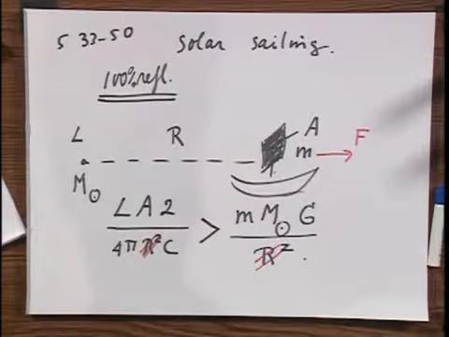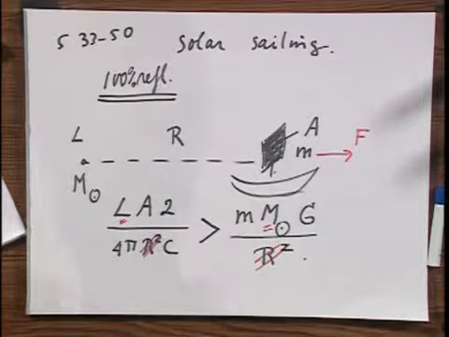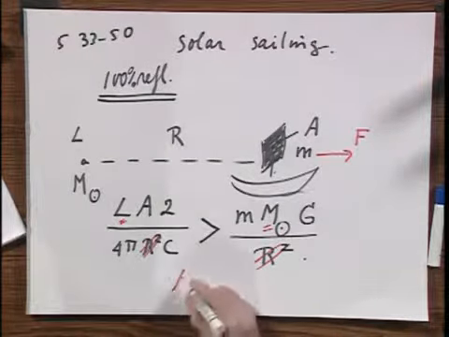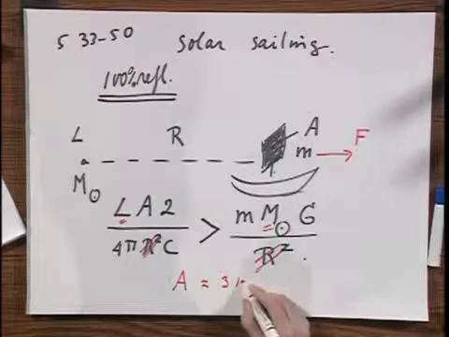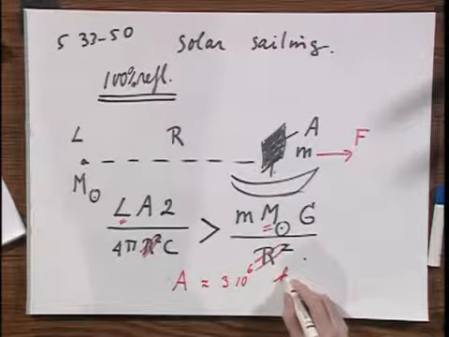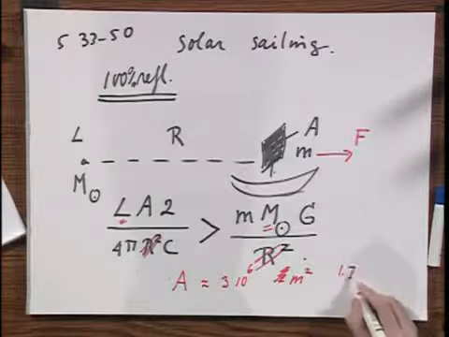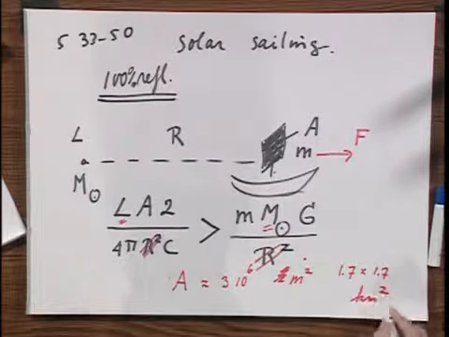Well, I know what m is, I know what L is, and so I can now calculate what A is. And I want you to calculate what A is. A is huge. I found A to be about 3 times 10 to the 6 square meters, which is something like 1.7 by 1.7 square kilometers.